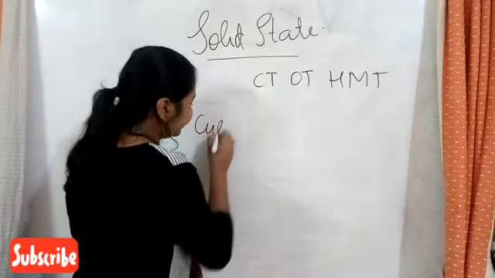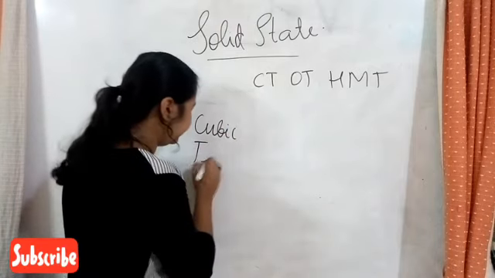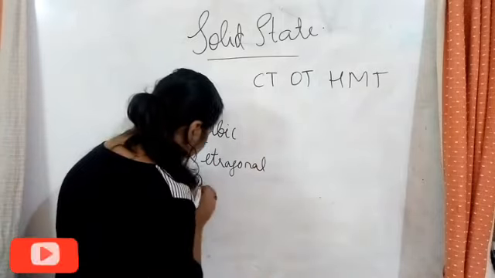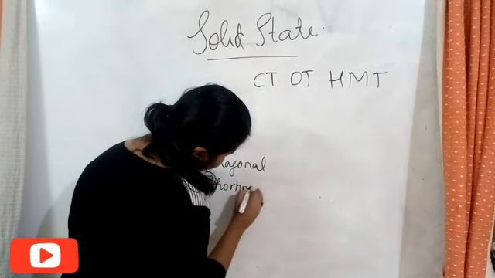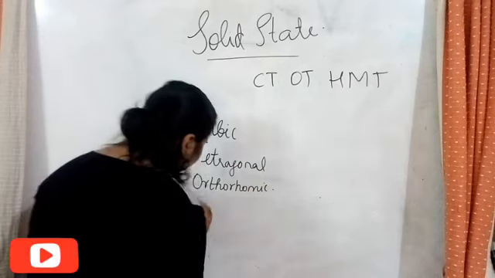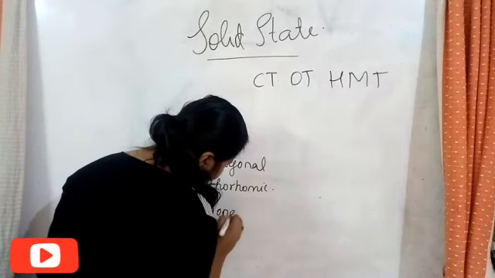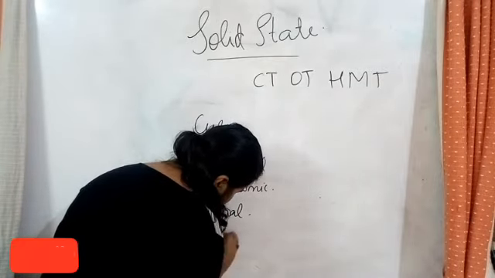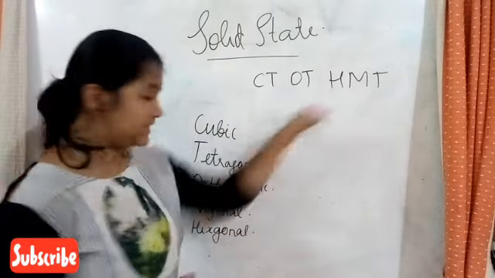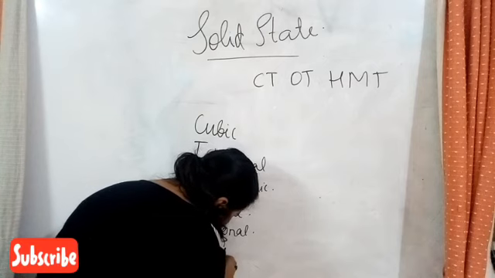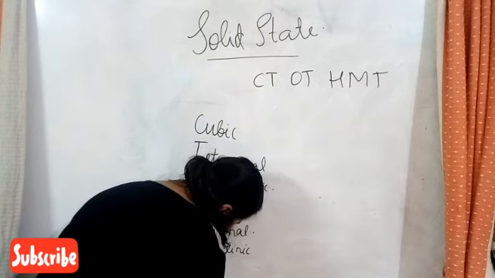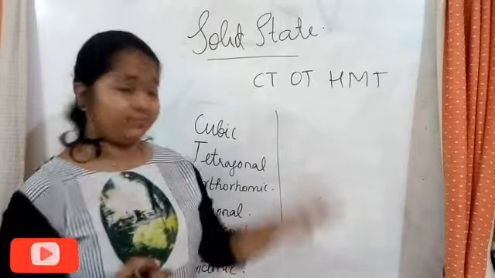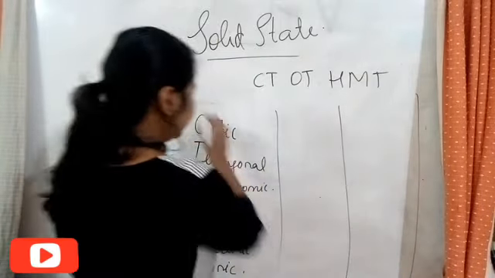C is cubic, T is tetragonal, O is orthorhombic, T is trigonal, H is hexagonal, M is monoclinic, and T is triclinic. Now we have to take 3 boxes.